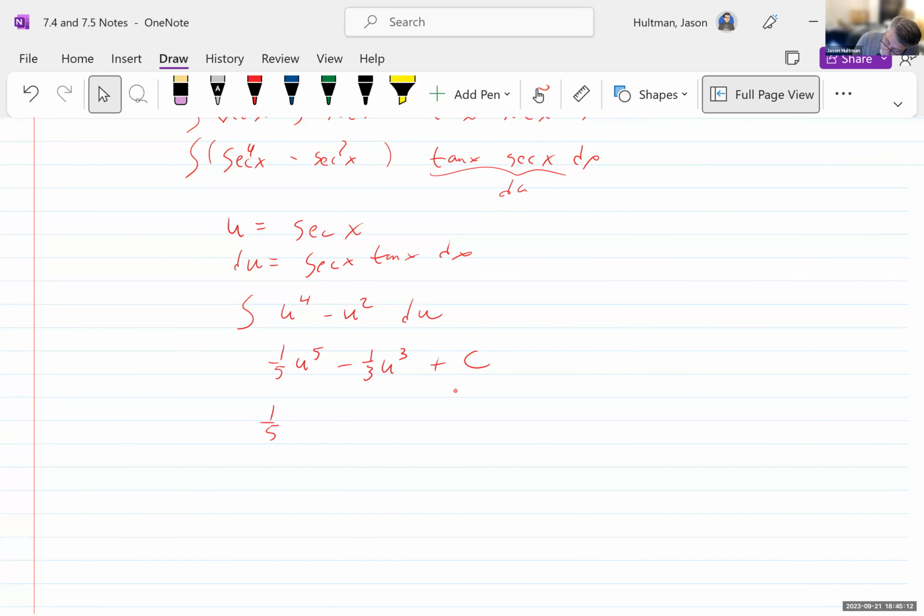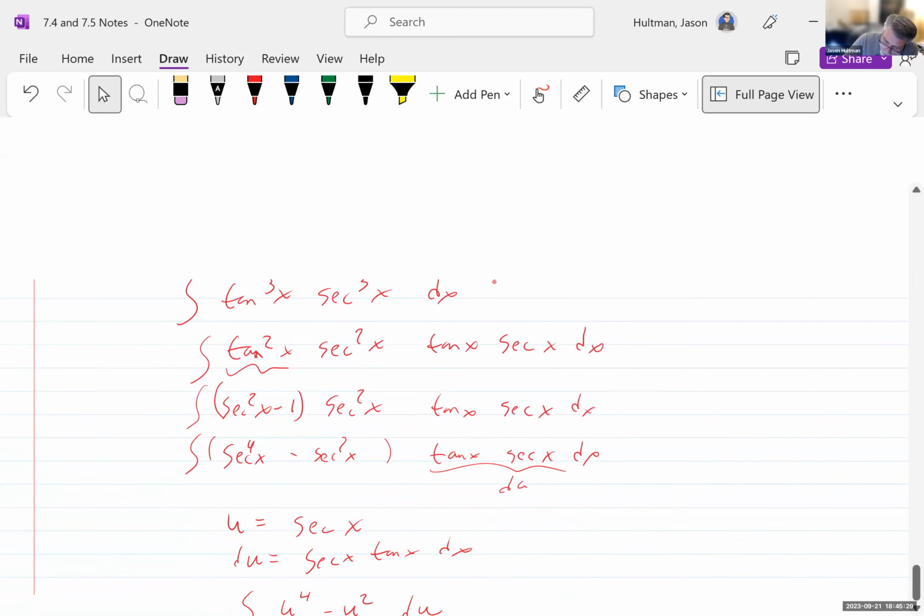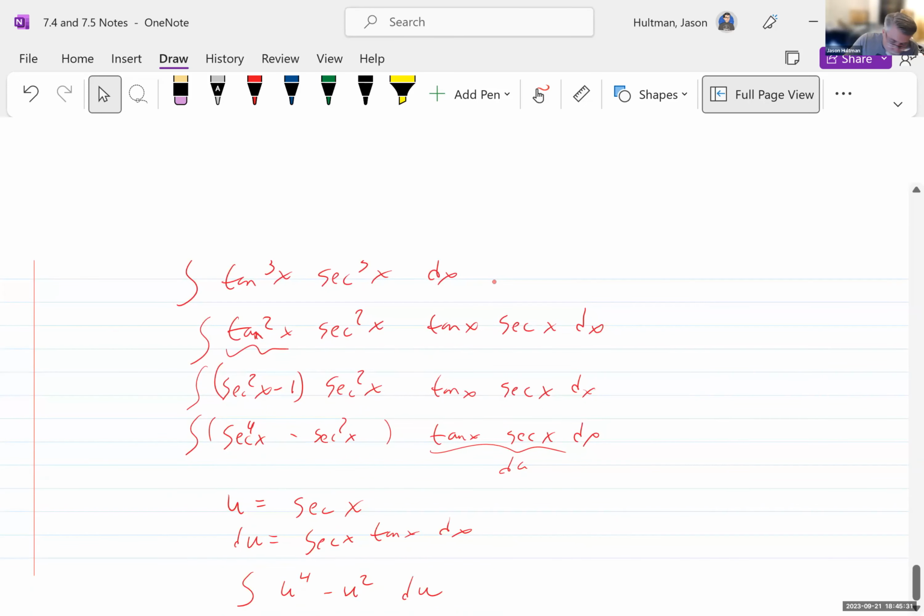U was secant x, so this is secant to the 5th x minus 1/3 secant cubed x plus c. That was number 1. Problem number 1. Okay, so that was using trig functions. Okay, let's do another one.